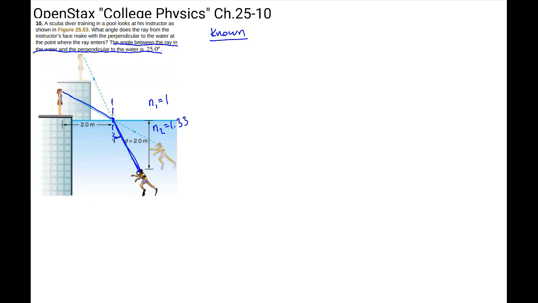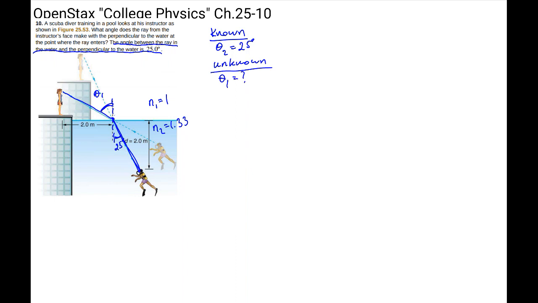So this angle is 25 degrees. Let's call that angle 2. And then what we're looking for is this angle, the angle of incidence. Call this angle 1. So unknown is theta 1, the angle of incidence.